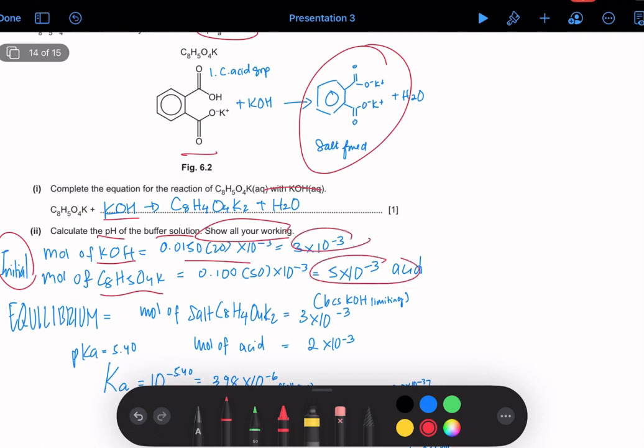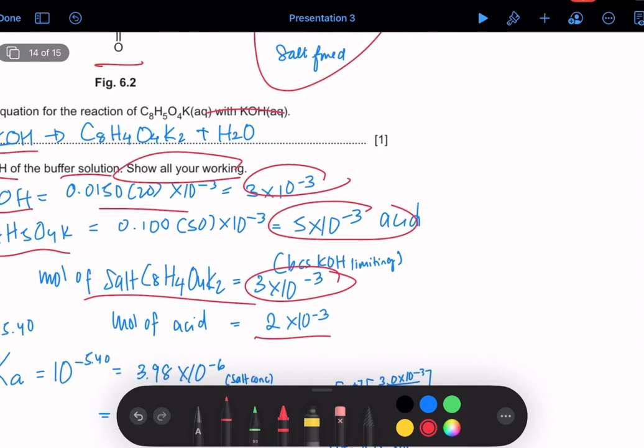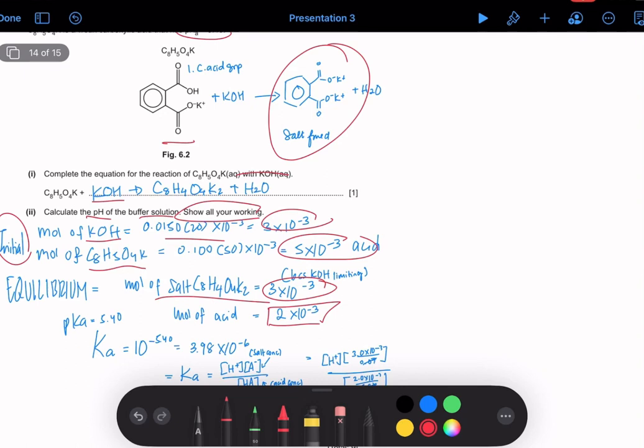Because your KOH here is your limiting reagent, the mole of salt is going to be the same as your mole of KOH. So 3 times 10 to the power of negative 3. And the mole of acid would be 5 minus 3 times 10 to the power of negative 3. So it becomes 2 times 10 to the power of negative 3.